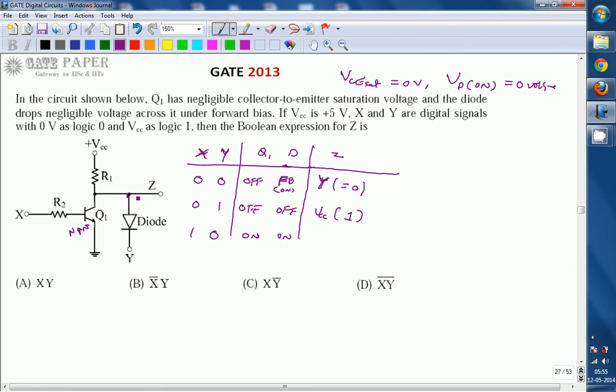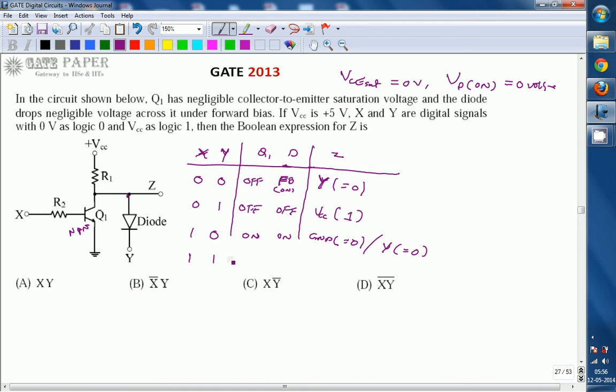With respect to Q1, you can think Z is connected to ground. Ground in our case is 0. Otherwise with respect to the diode you can think Z is connected to Y, and the value of Y is again 0 only. Whether going through the transistor or through the diode, the value present at the output is 0 only.